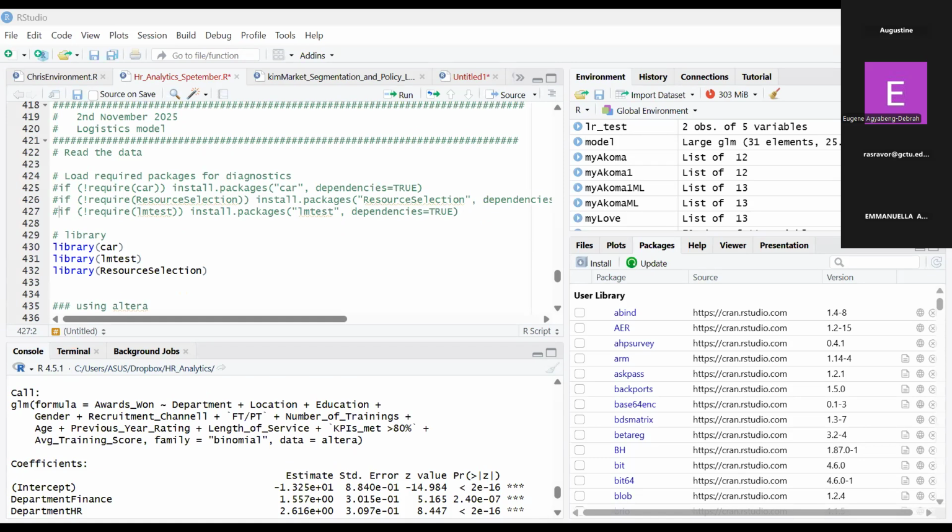So I realized that no matter what happens, the likelihood that the person is going to get one award is high.